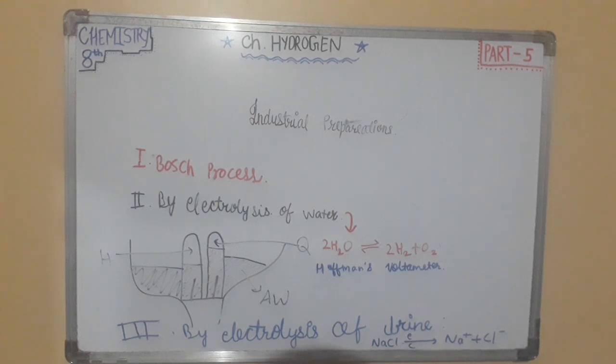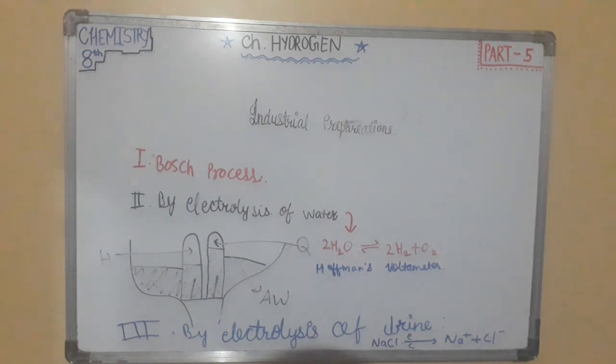The process is by electric current. H2O by electric current gives H plus OH minus. Along with sodium, some amount of hydrogen gas is formed at the cathode. 2H plus 2 electrons gives H2.